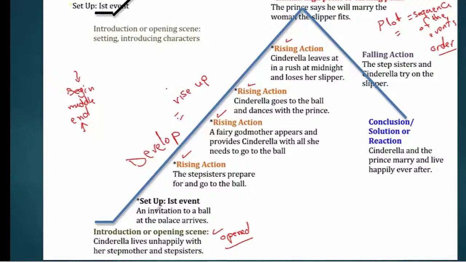It should develop. Look at these four developing actions. Here, the stepsisters prepare for and go to the ball. Ball here means a concert or a party. Then a fairy godmother appears and provides Cinderella with all she needs to go to the ball.